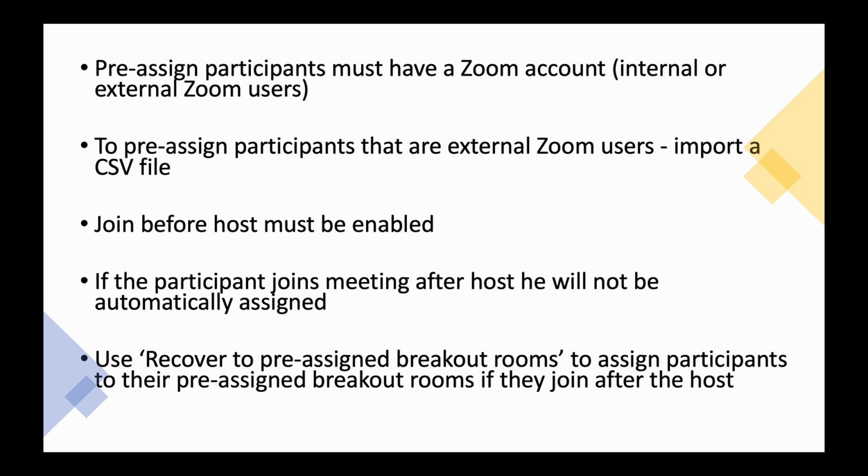All right, join before host must be enabled. If participants join the meeting after the host, those participants will not be automatically assigned into a breakout room. In that case, what you'll want to do is click on the recover button that I showed you before to assign these participants into their pre-assigned breakout rooms.